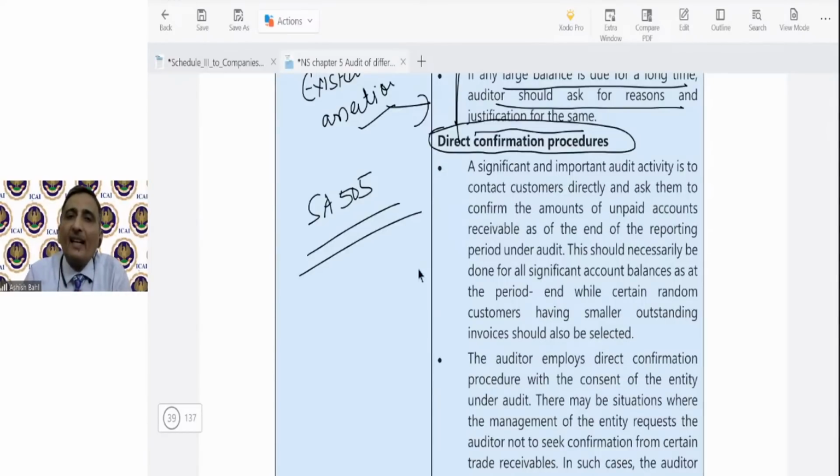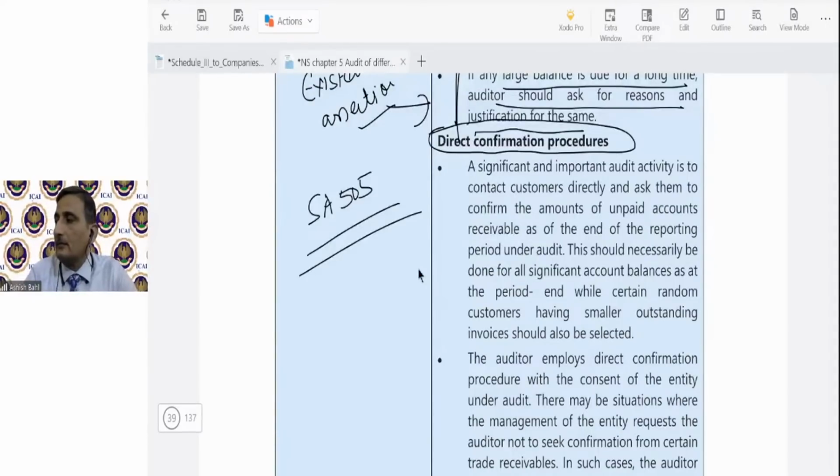So when I am sending a confirmation request to a trade debtor, then obviously if my response is confirmed, then I am satisfied about the existence of the debtor. And if I do not get any response, even then I am testing existence assertion. So I would be getting evidence that the party has not given any response. But what am I testing? I am testing existence assertion.